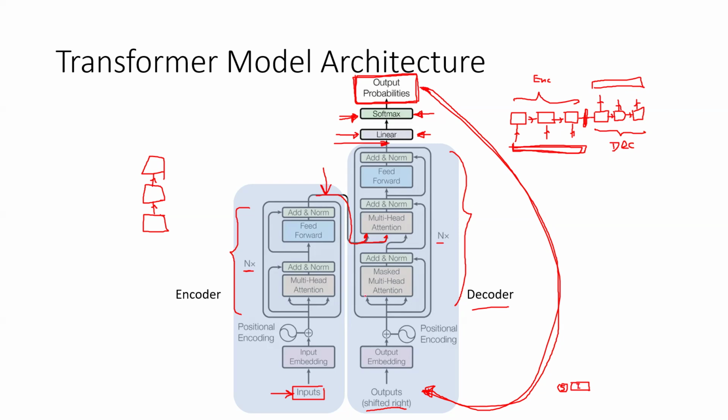Then again with the start token and the "I" token, this would generate another word, which may be "like". So, "I like". Then it is also appended to this output sequence, where we are using start, "I", and "like" tokens, and generate another token.